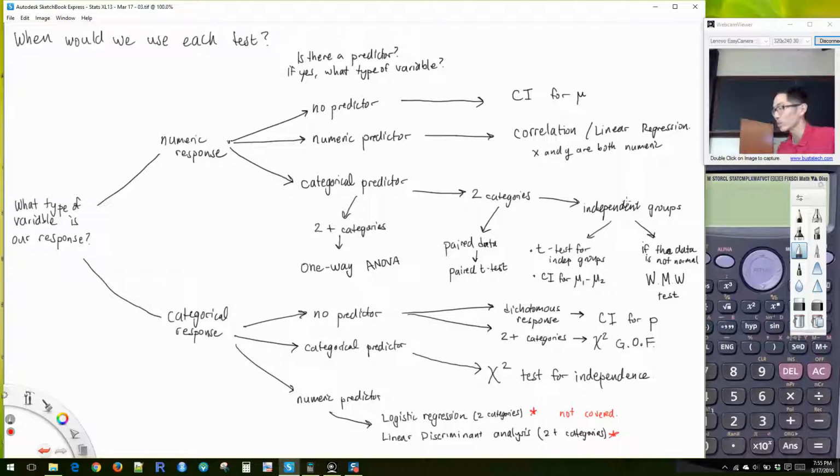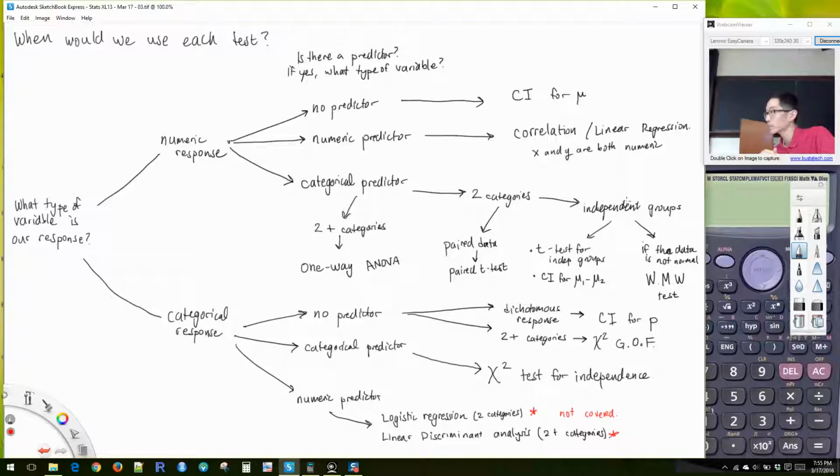Maybe we don't want to go so far as saying cause and effect. Rephrasing that question almost sets it up as a response and a predictor: the predictor being, did they get the drug or not, and the response being the blood pressure or pulse rate or whatever numeric variable we're looking at.